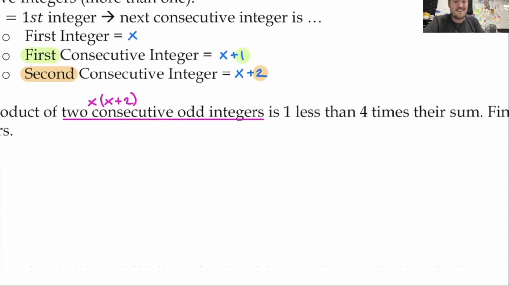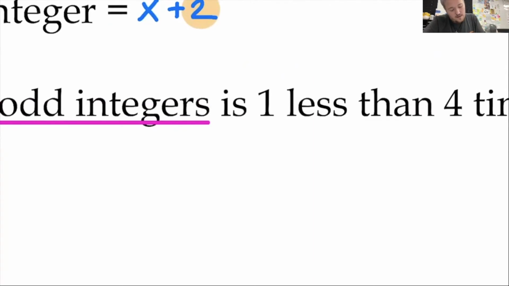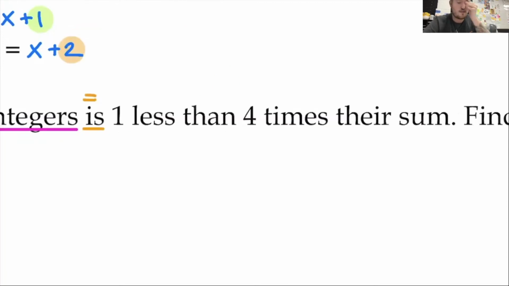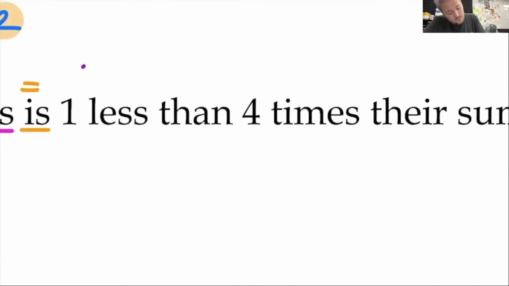All right, and it is, so "is" is an indicator that we're looking at equals, and we want 1 less than 4 times their sum. So I want 4 times their sum, and then I want to subtract 1.